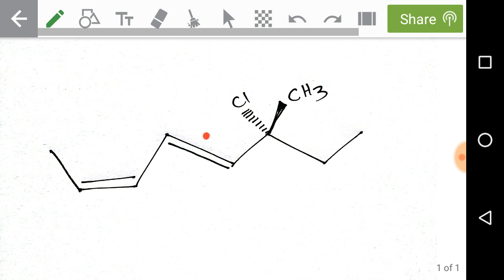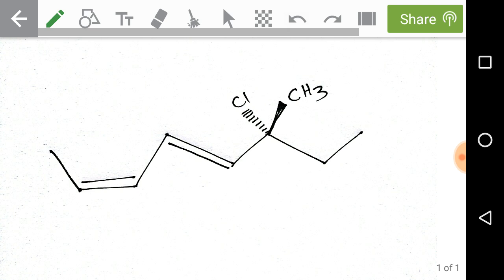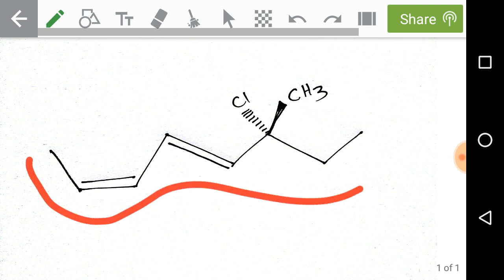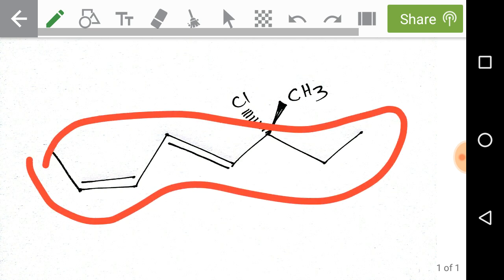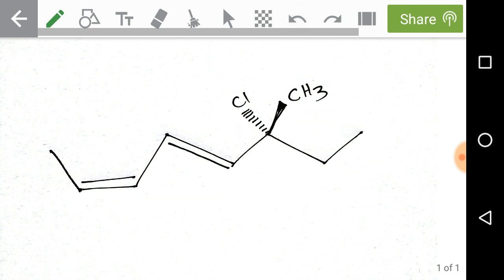Here we have 2 enes, that's why it should be given diene as the suffix for this organic structure. Now the second step is to determine the parent chain. The parent is the longest carbon chain, which has 8 carbons in it, so simply oct.